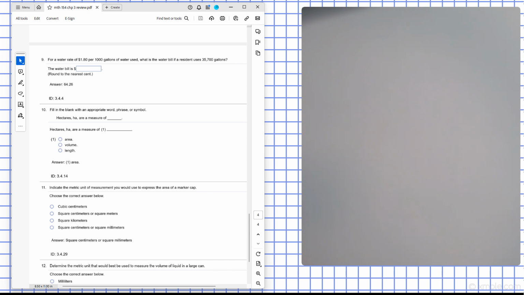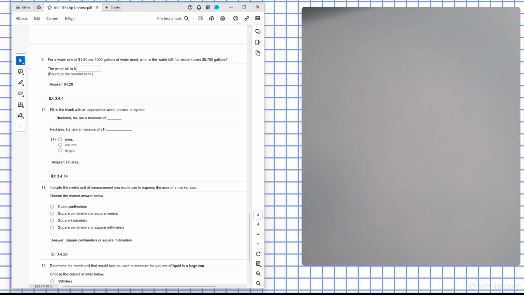Okay. Number 11. Indicate the metric unit you would use to express the area of a marker cap. So for this particular problem, either it's all correct or it's all wrong. Cubic centimeters is wrong. It's the wrong unit. Cubic centimeters deals with volume. The next choice there is square centimeters or square meters.